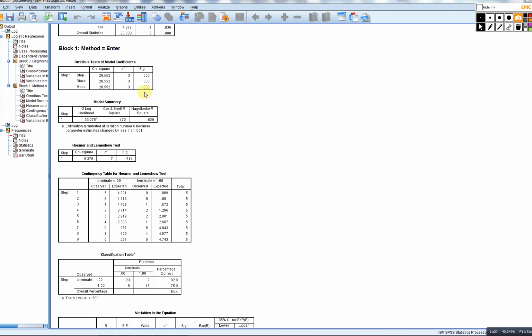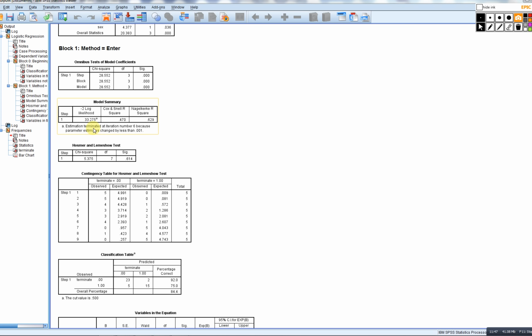Then we have some descriptive fit statistics. We have the -2 log likelihood, Cox and Snell R-square, and Nagelkerke R-square. For the -2 log likelihood, generally speaking, what you're looking for are lower values. And just eyeballing this by itself, it doesn't really tell you a whole lot in any kind of absolute sense how good a fit we actually have.